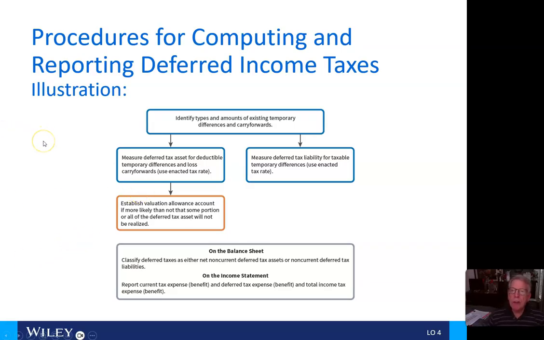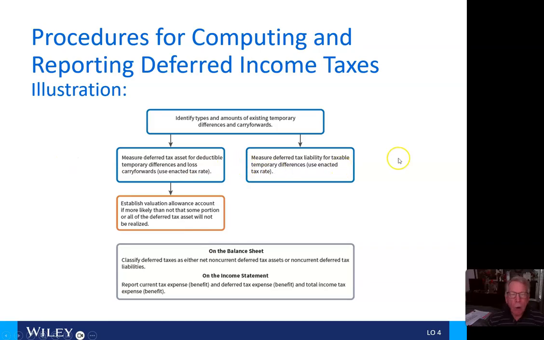So if we look at the procedures for computing and reporting deferred income taxes, we can see that here we're going to identify the types and amounts of existing temporary differences and carry forwards. And we will measure the deferred tax asset for deductible temporary differences and loss carry forwards using the enacted tax rate.